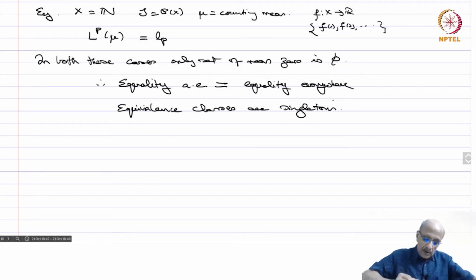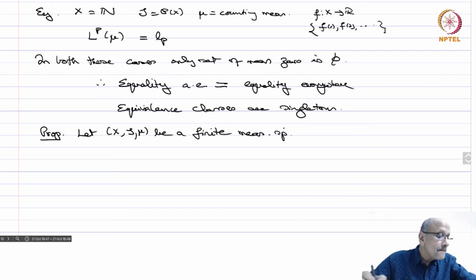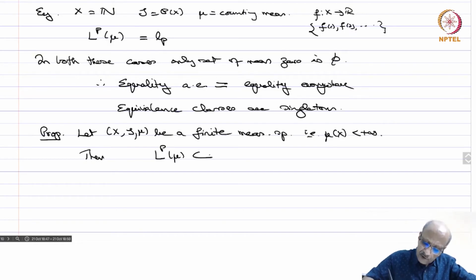Okay, so now a proposition. Let (X, S, mu) be a finite measure space. That means mu(X) is finite. Then Lp of mu is continuously embedded in Lq of mu.